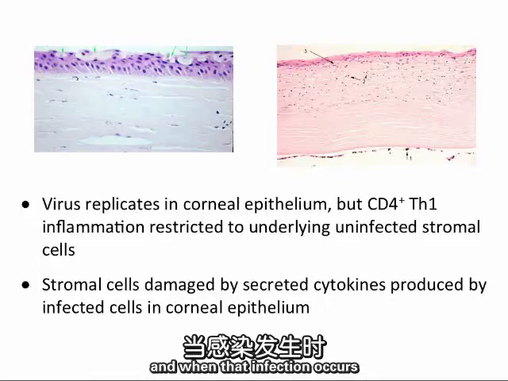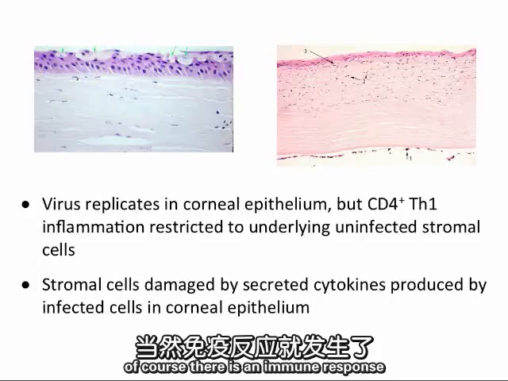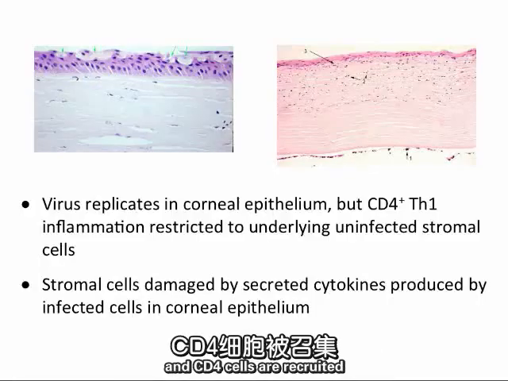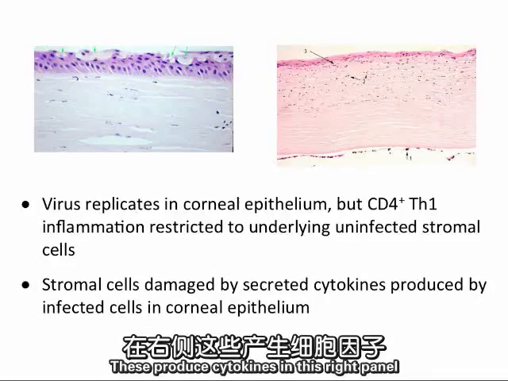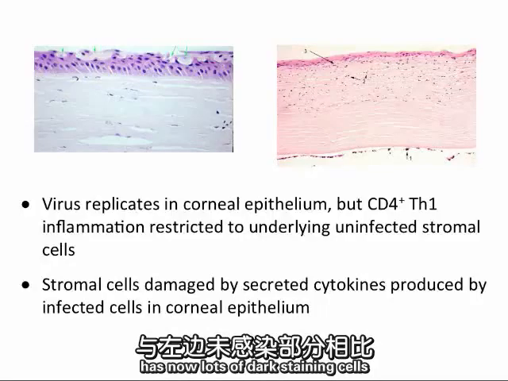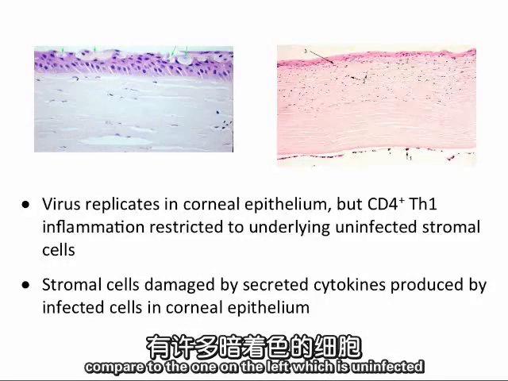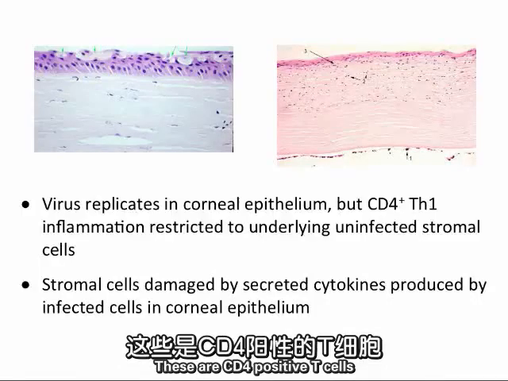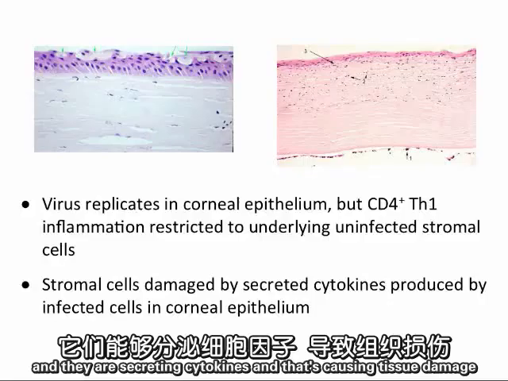And when that infection occurs, of course, there's an immune response, and CD4 cells are recruited. These produce cytokines. So in this right panel, you can see the stromal layer has now lots of dark staining cells compared to the one on the left, which is uninfected. These are CD4 positive T cells, and they're secreting cytokines, and that's causing tissue damage.